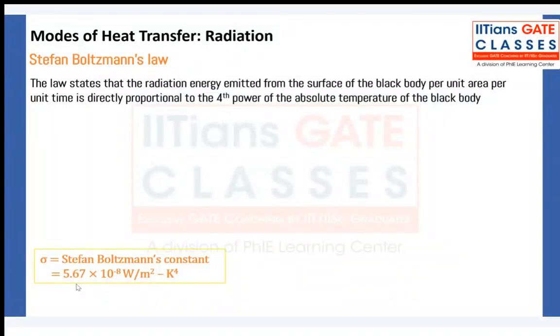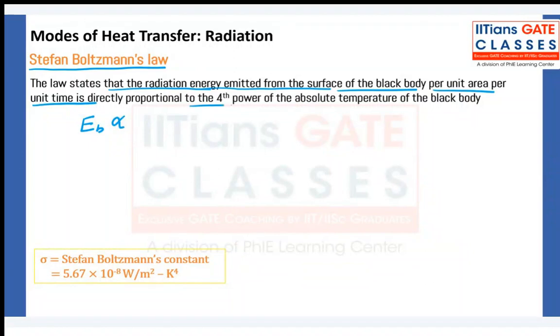Chalo. Let us look at what Stefan Boltzmann's law says. It says the radiation energy emitted from the surface of a black body, that means radiation energy emitted from a black body per unit area per unit time, is directly proportional to the fourth power of its absolute temperature.